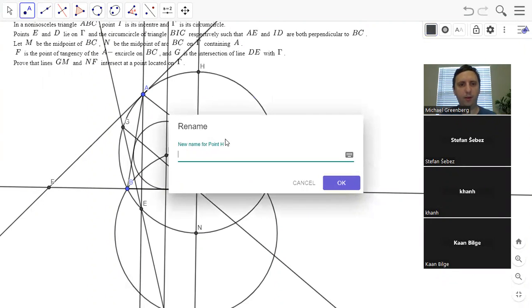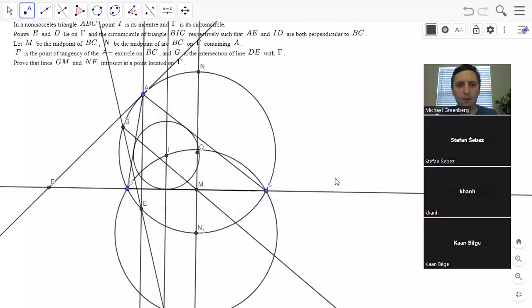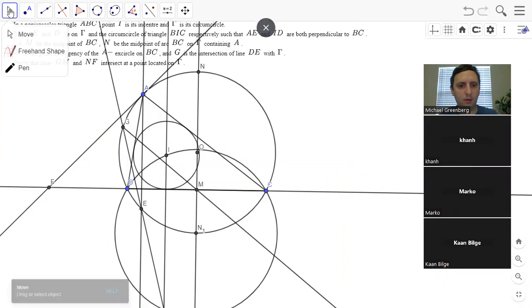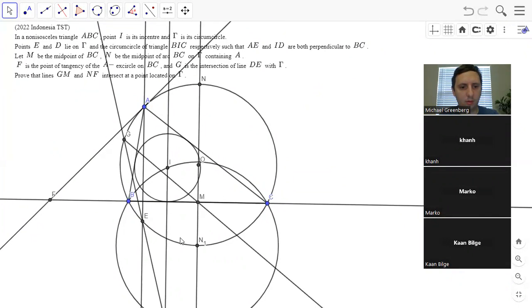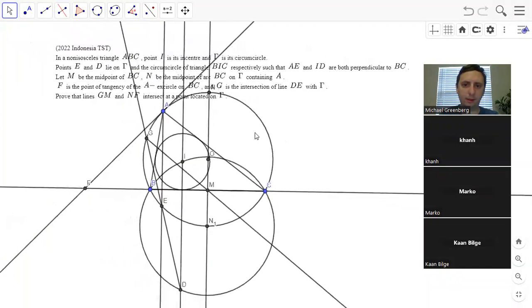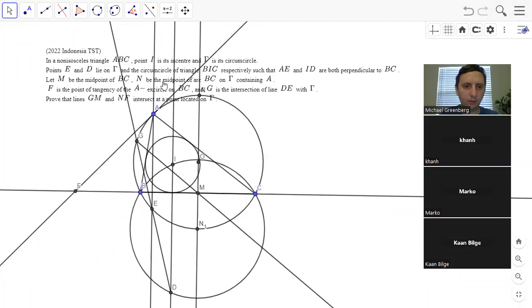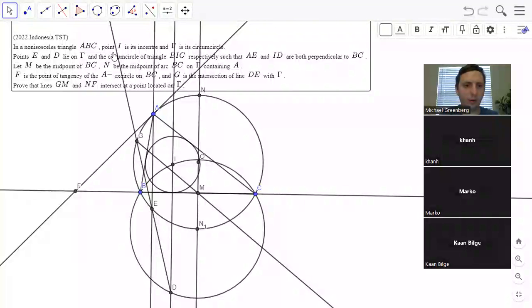Doesn't point D lie on the circumcircle of ABC? It says D. So I think E lies on the circumcircle of ABC, but I think D is supposed to lie on BIC. I don't know for sure the way it's written.